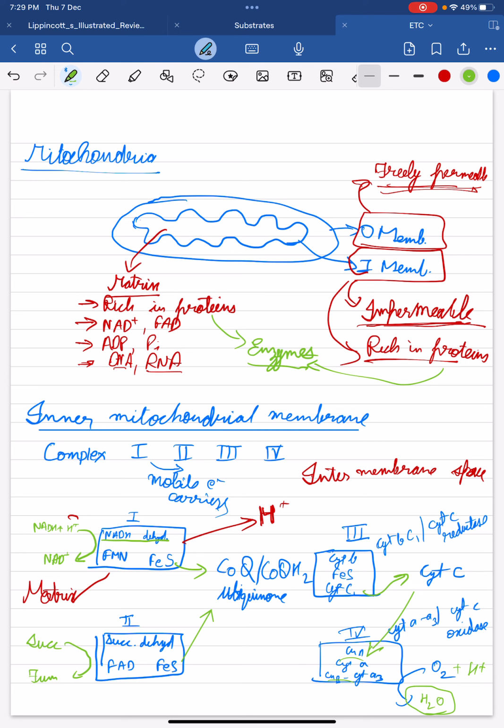Electrons are moving from copper center A to cytochrome A to cytochrome A3, which is associated with the copper center B. And this ultimately transfers the electrons to oxygen, which binds with protons and gets reduced to water.